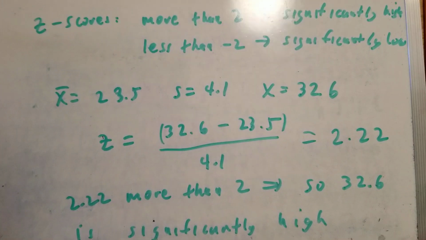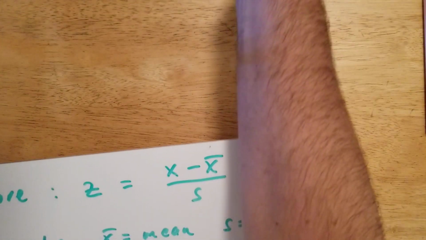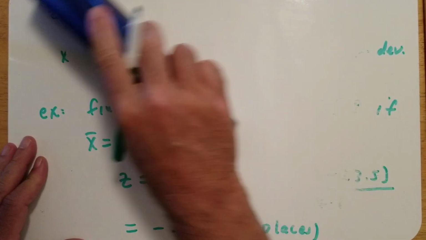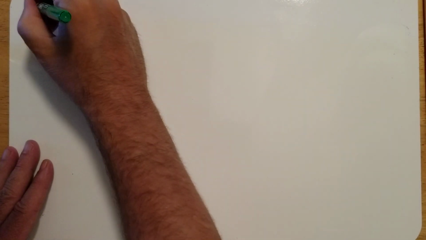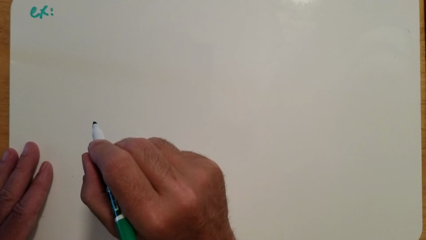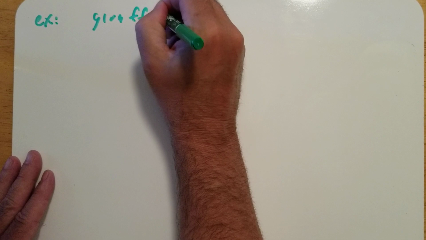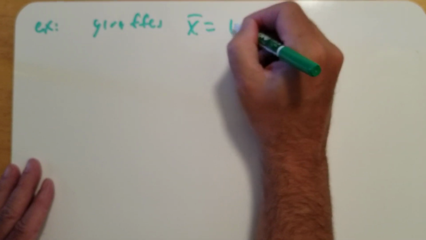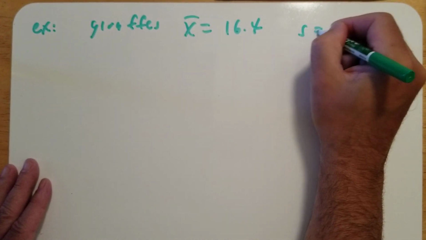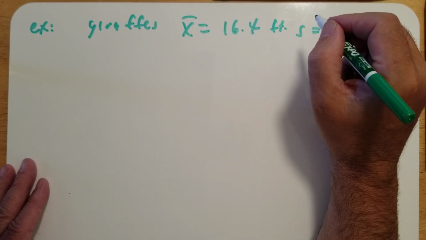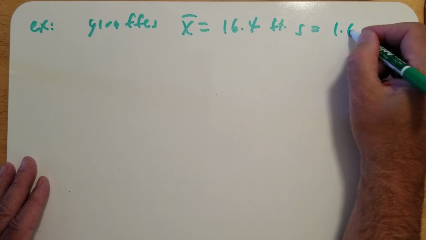Now, z-scores give us a way of measuring which data values are more extreme than others, whether extreme by being high or low. They have an example like this in the homework. Suppose giraffes have a mean height of 16.4 feet with a standard deviation of 1.6 feet.